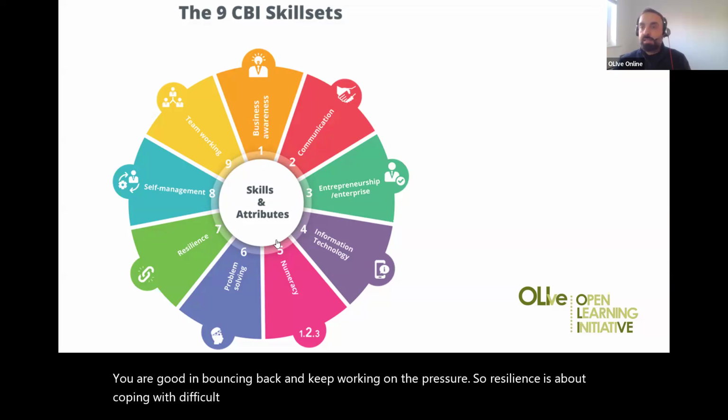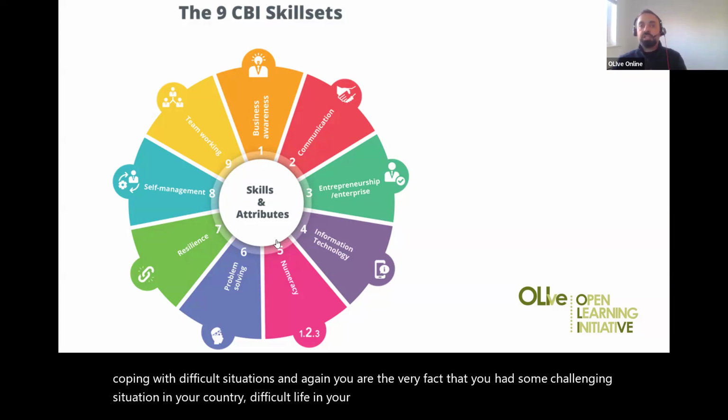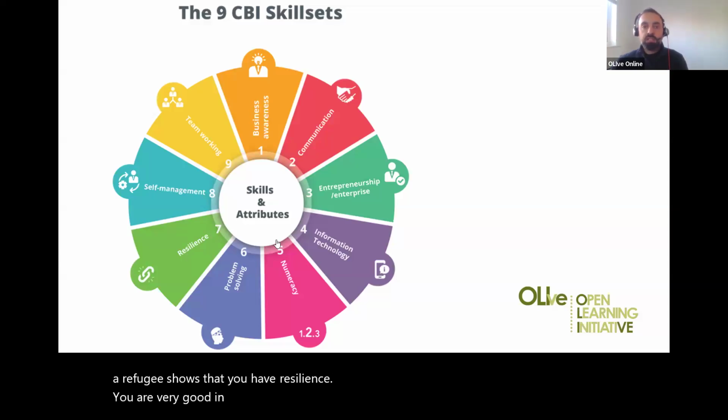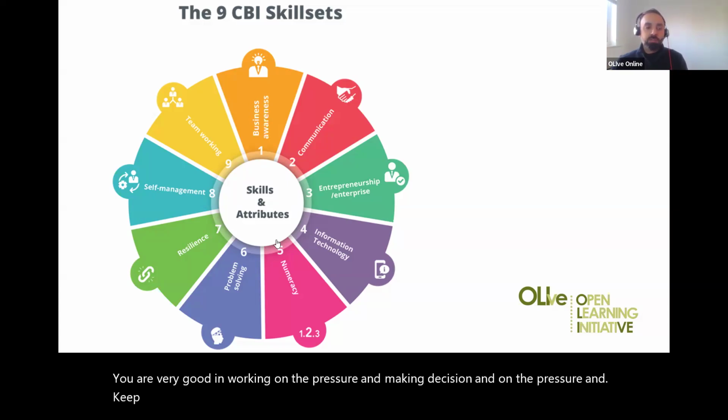And again, the very fact that you had some challenging situation in your country, difficult life in your country, and then the whole journey to become a refugee shows that you have resilience. You are very good at working under pressure and making decisions under pressure, and keep working on your plans. But again, you need to practice how to talk about your resilience.